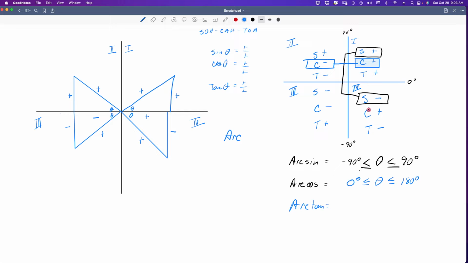And our arc tan is going to be the same as our sine. We have a tangent here, that's positive, and right next to it we have a tangent here. Now, Miss Tracy, why wouldn't I go over here and do the tangent here? Because this is the way they told us to do it.